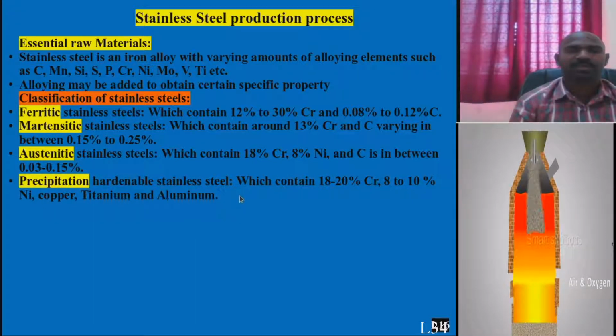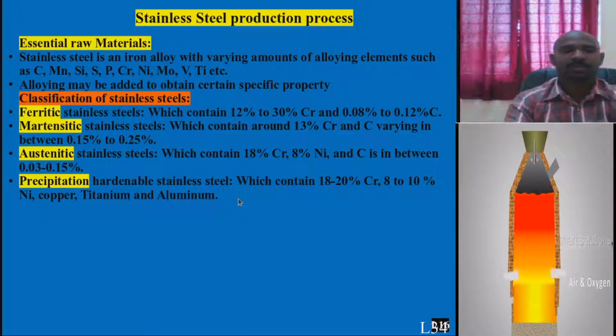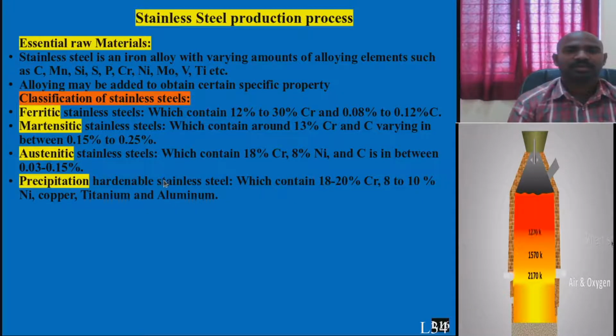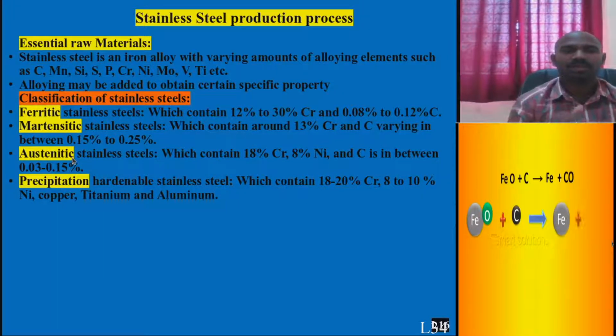By precipitation, hardenability is improved. Based on that, it is called precipitation hardenable stainless steel. Similarly, the microstructure has predominantly austenitic grains as the parent matrix, as in martensitic and ferritic stainless steel.